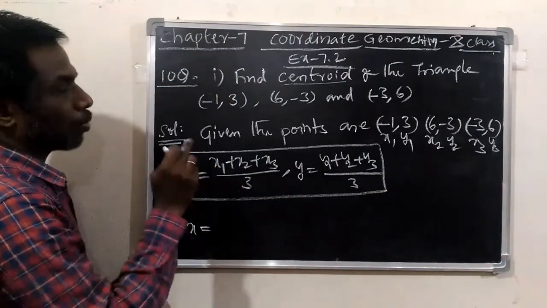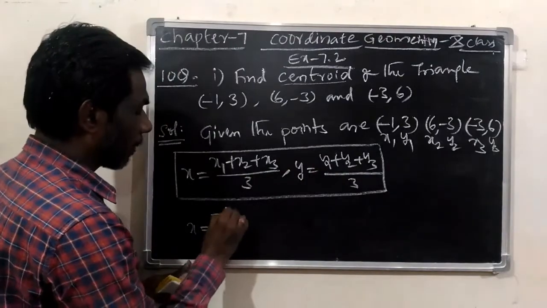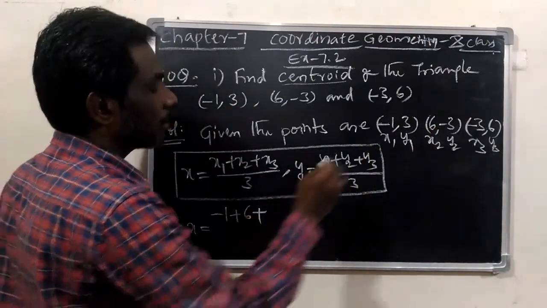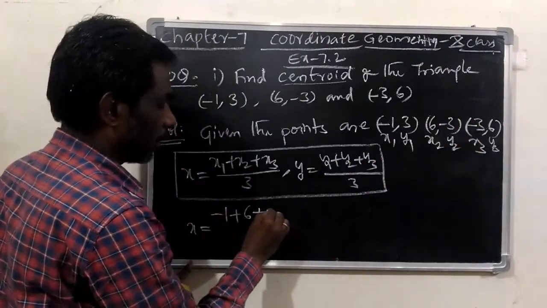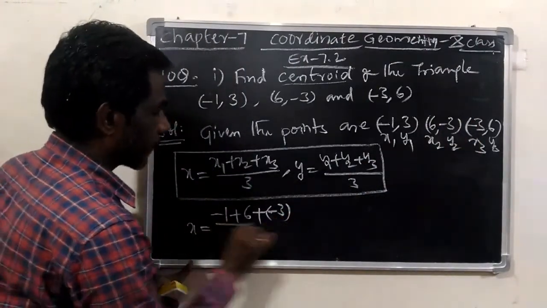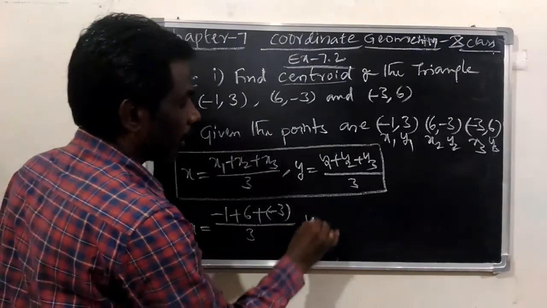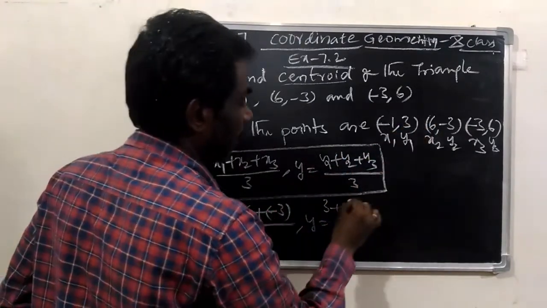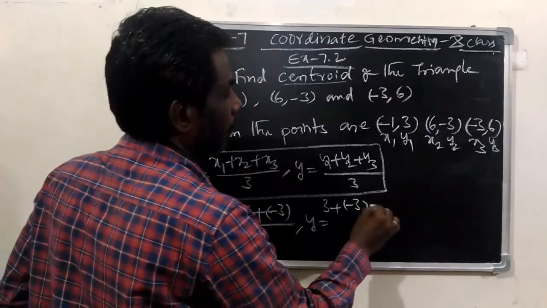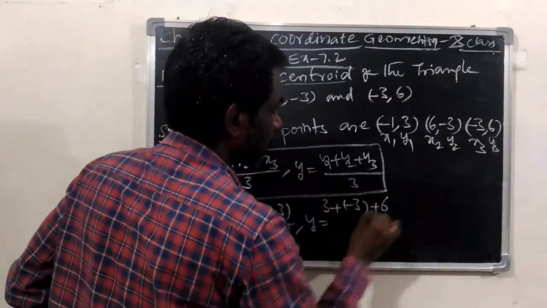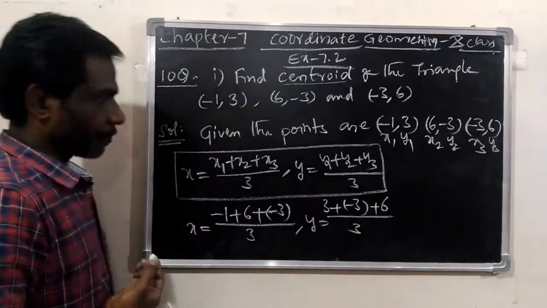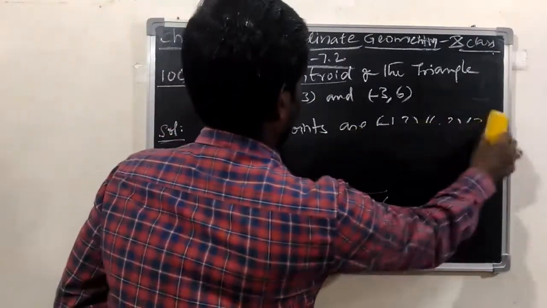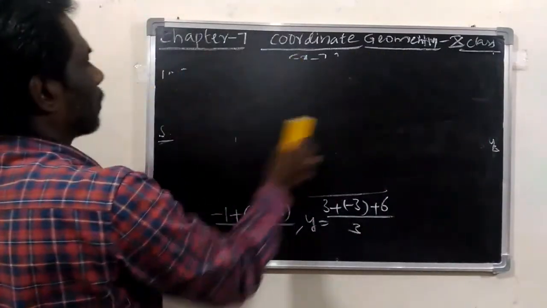x equals x1, which is -1, plus x2, which is 6, plus x3, which is -3, by 3, comma, y equals y1, which is 3, plus y2, which is -3, plus y3, which is 6, by 3. Now simplify this.